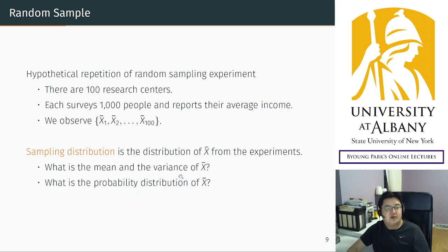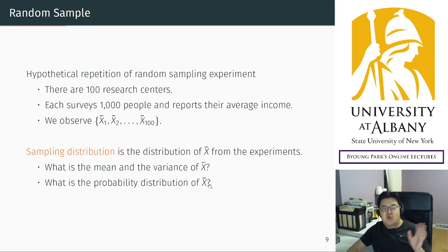Later, just a spoiler, we are going to study the mean and the variance of X bar. It's much easier than you may imagine. And we are going to study the probability distribution of X bar. Another spoiler, the answer is normal distribution. That's the power of normal distribution.